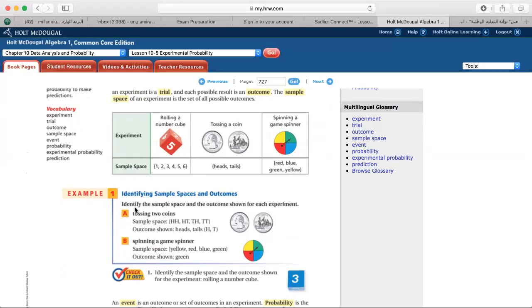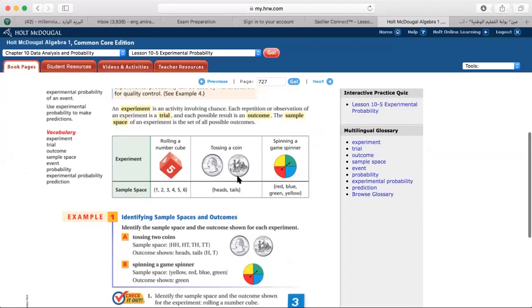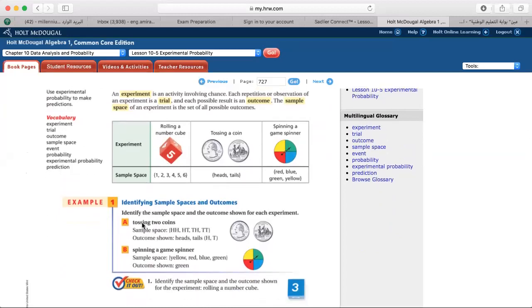So, for example, identifying sample spaces and outcomes. I want to know the sample space, all the possible outcomes that I have, and the outcome. The outcome is the final result that I got. So, tossing two coins.